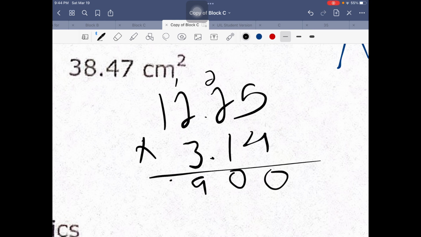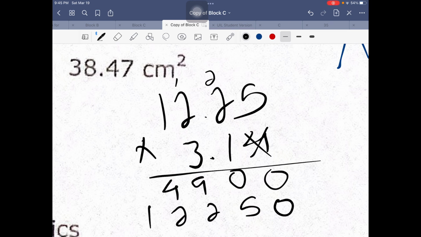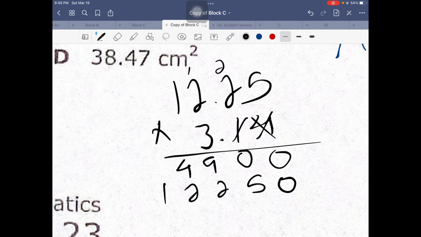And then 4 times 1 is 4. Then we're done with 4. 1x means 1 0. 5 times 1 is 5. 2 times 1 is 2. 2 times 1 is 2. 1 times 1 is 1. We're done with 1. 2x's means 2 zeros.